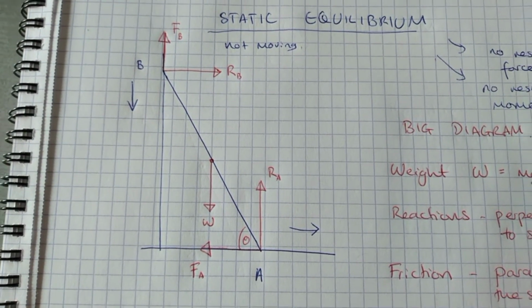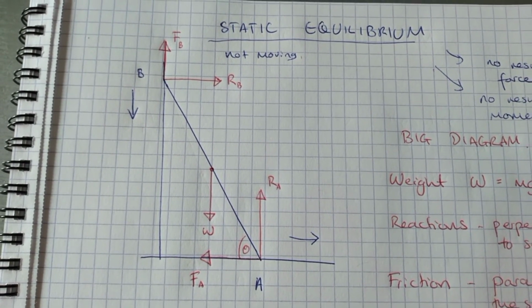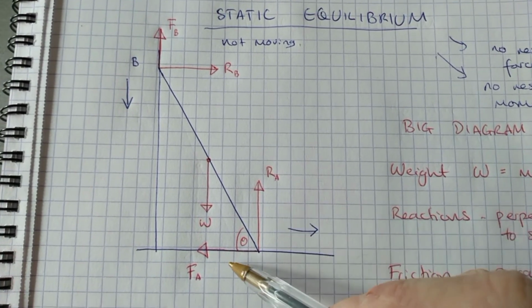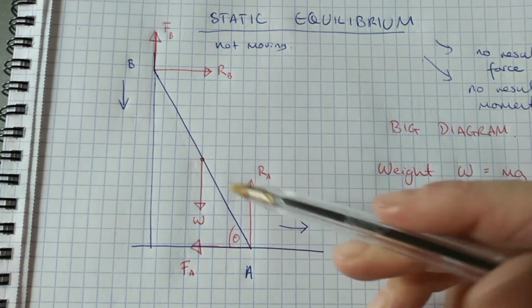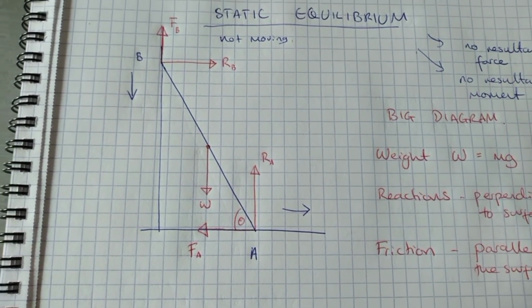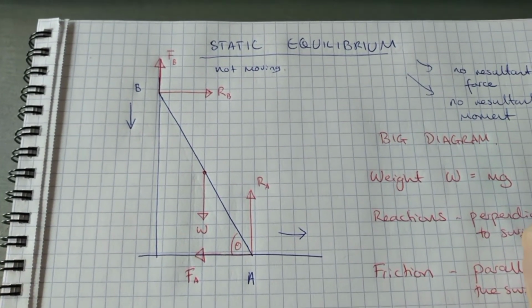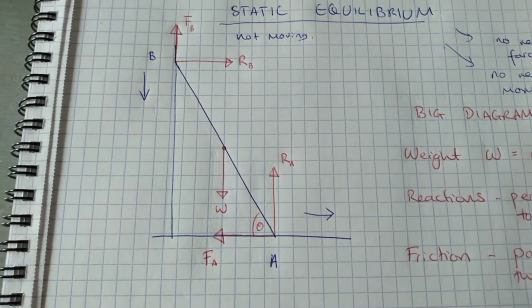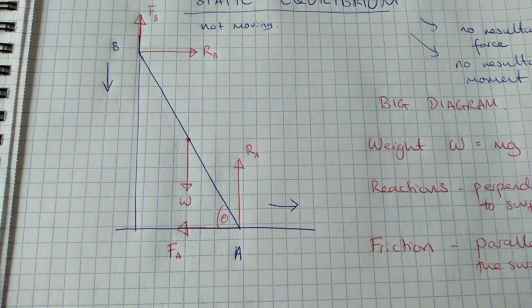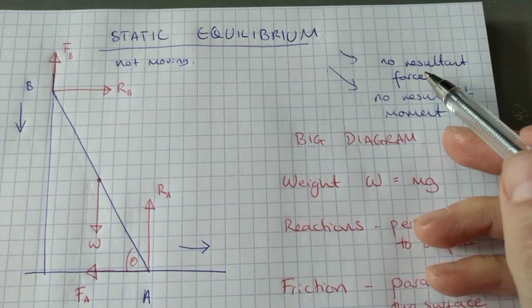So when we come to sorting out these questions, go back to what equilibrium means. No resultant force, no resultant moment. And our next step will be we can resolve. We can do that horizontally and we can do that vertically.